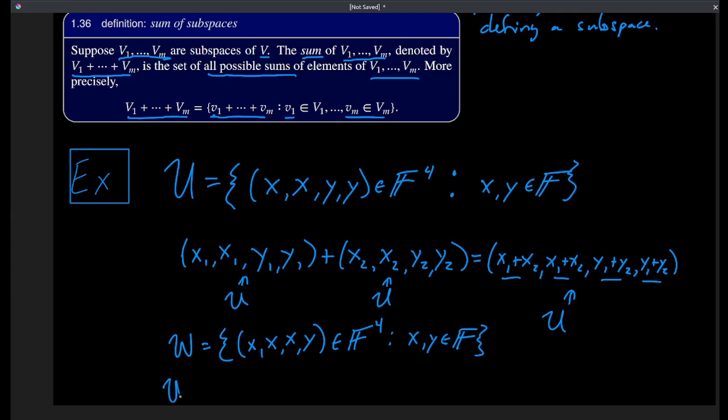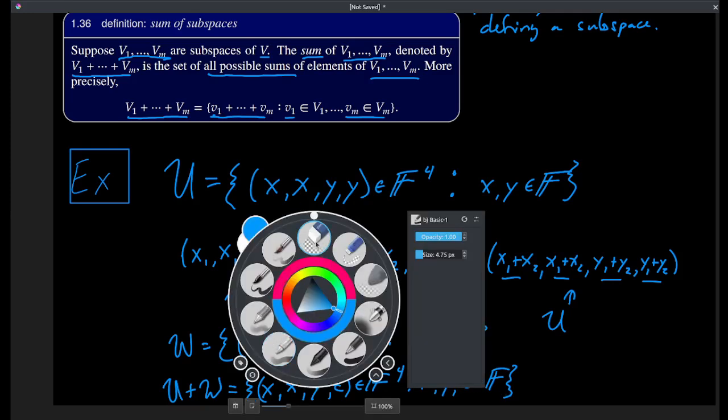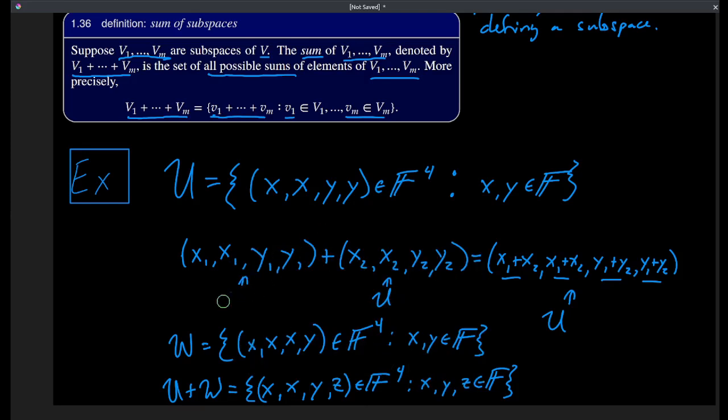Now, if I take U and I sum it with W, what I get out is (x, x, y, z) in F4, such that x, y, and z are in the field. Why is this? Well, I will use this exact thing right here to make my life slightly easier.